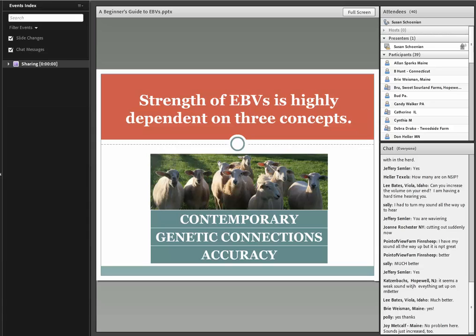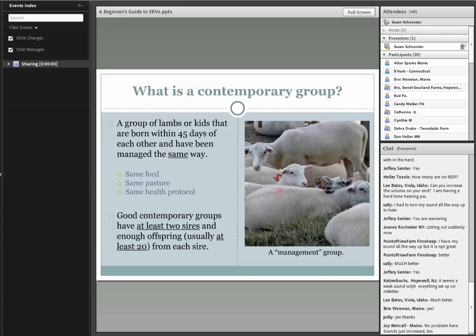The strength of EBVs is dependent on three concepts that I want to talk about. The first one is contemporary groups. And these aren't just important to producers who use EBVs, these are important to you when you make selection decisions on a farm. Simply stated, they allow us to compare apples to apples and oranges to oranges.